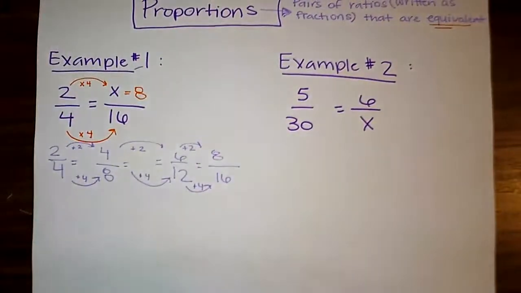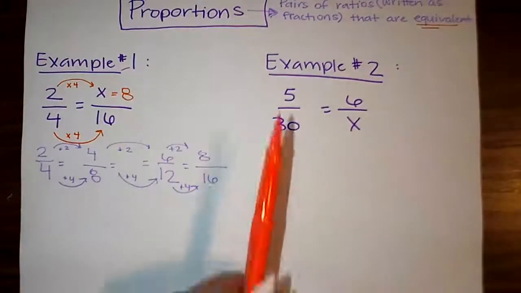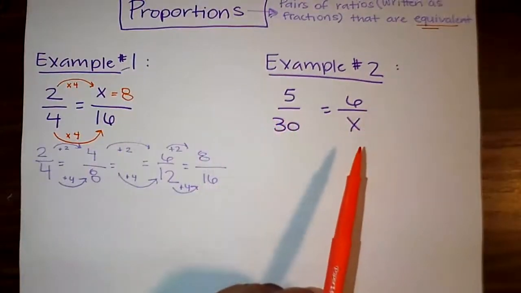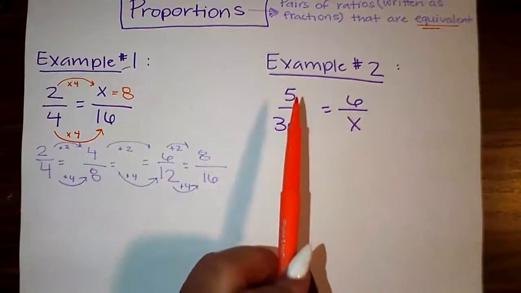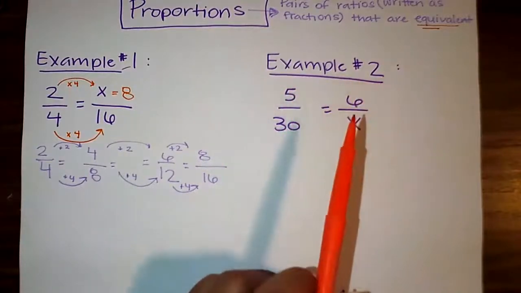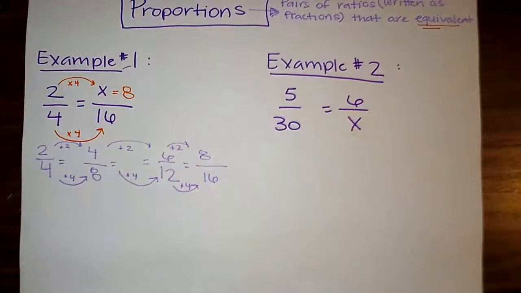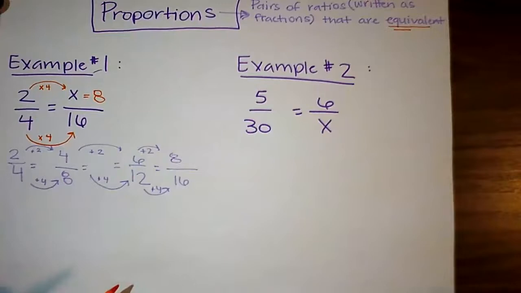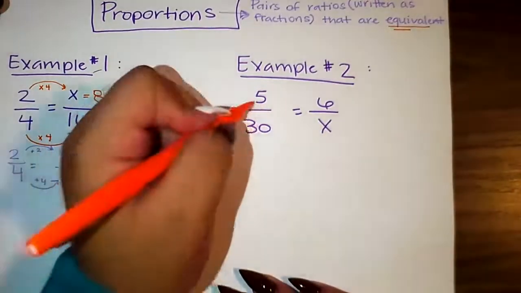All right, so let's look at our next example. I have 5 over 30 equals 6 over x. Well, I'm not quite sure of how to get from 5 to 6 by multiplying by a whole number. So I'm going to use another method called cross multiplication, or you may also know it as the butterfly method.